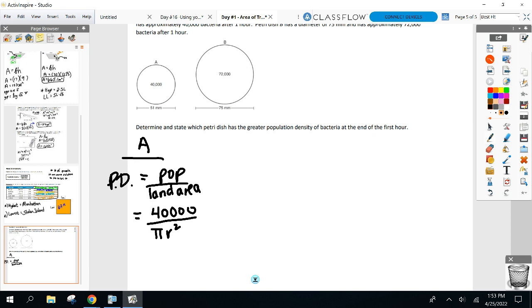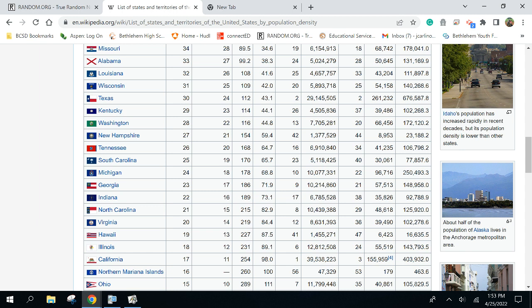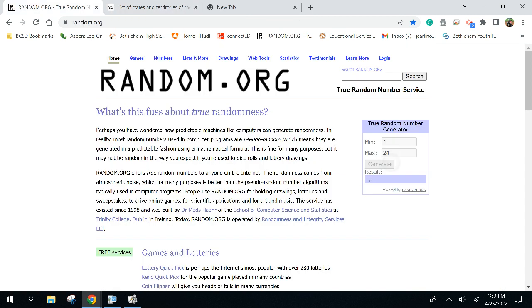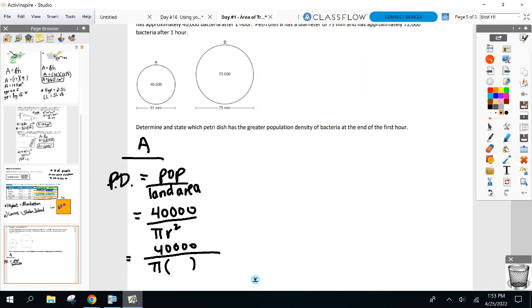Find the area of that Petri dish. I hope we're not plugging in 51 though, right? R for radius. What are we plugging in instead of the 51 for radius? 3? Eva? Good. Cut it in half. 25.5 squared. I worry about what you're typing in your calculators now.